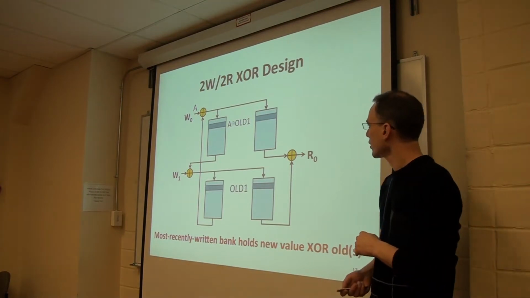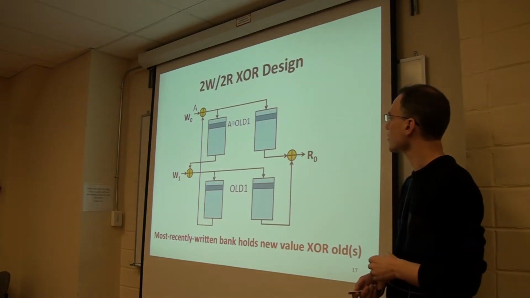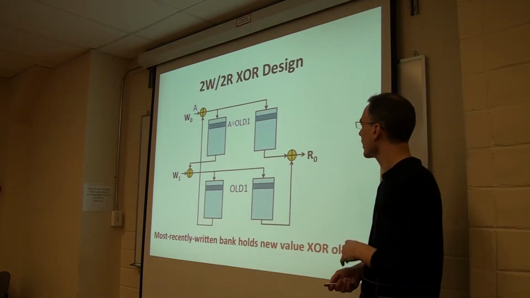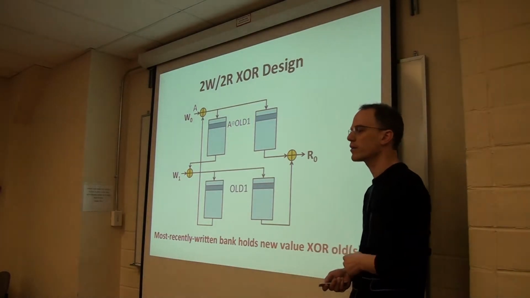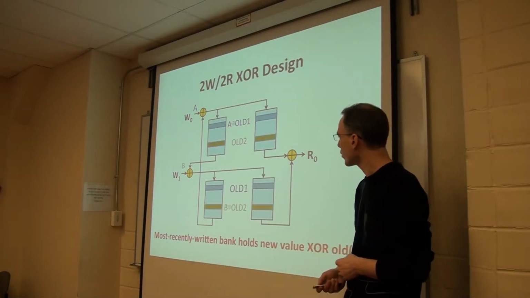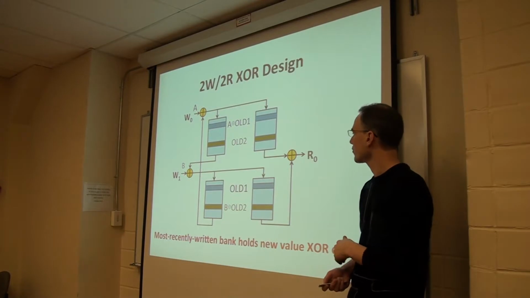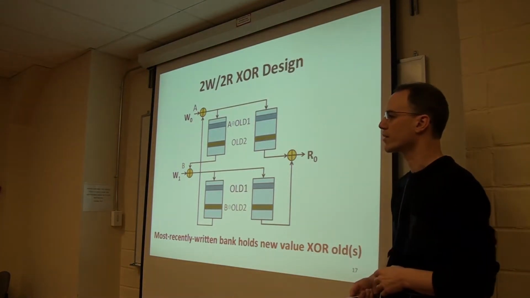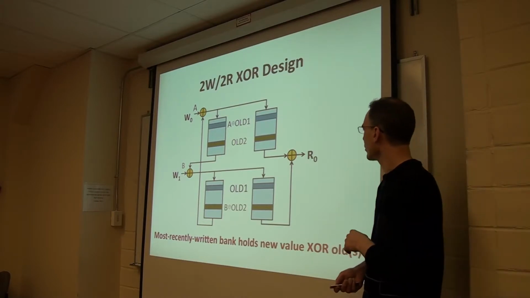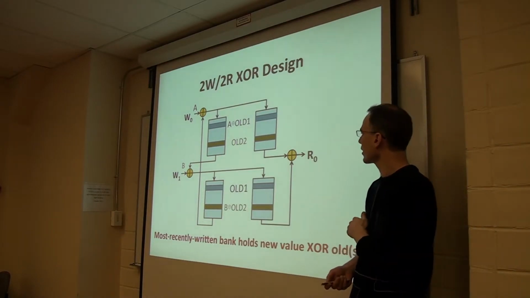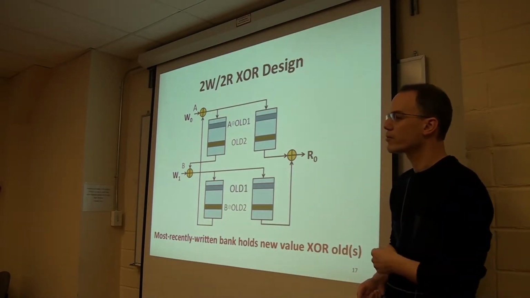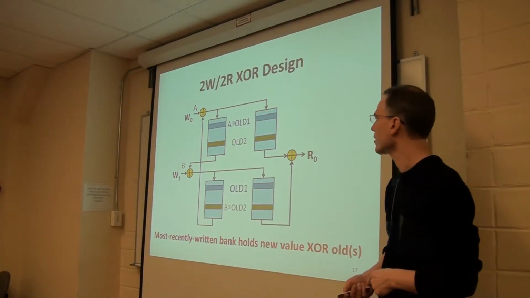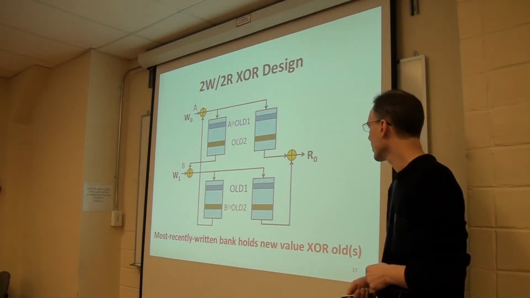So again, for a particular location, if the first write port writes the value A, I'd be storing A XOR old 1. And if the other port writes the value B in a different location, I'd be storing B XOR some other old value in a different location. Hopefully you agree I could now read either of those locations, XOR the values together, and get either A or B out.